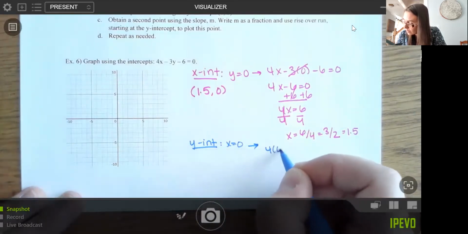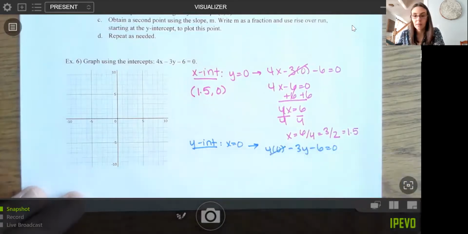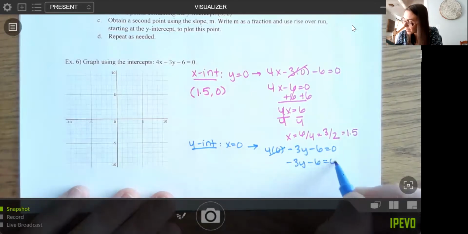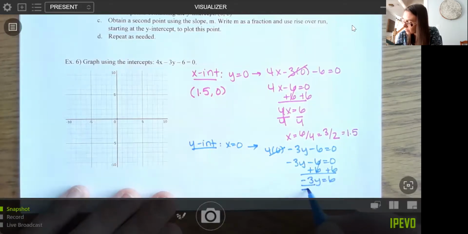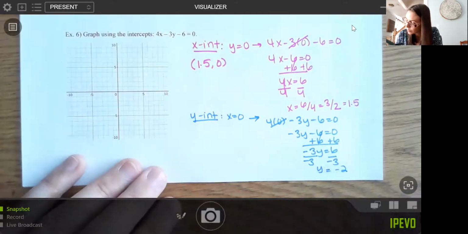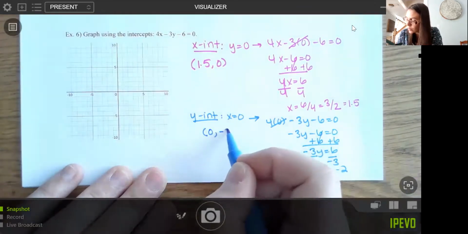So 4 times 0 minus 3y minus 6 equals 0. I'm left with minus 3y minus 6 equals 0. I'm going to add that 6 to the other side, just doing regular solving now, and divide by -3. And I have y equals -2. So my y-intercept has x value 0 and y value -2.